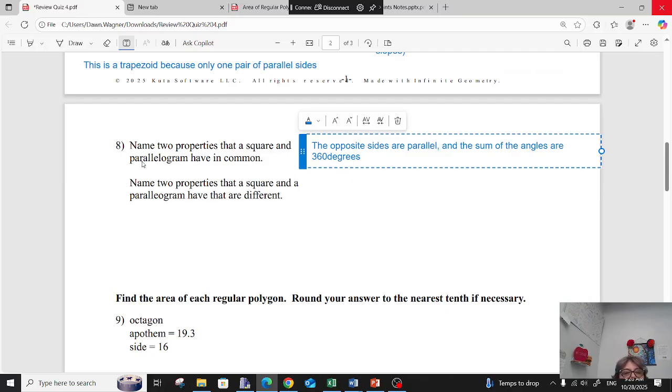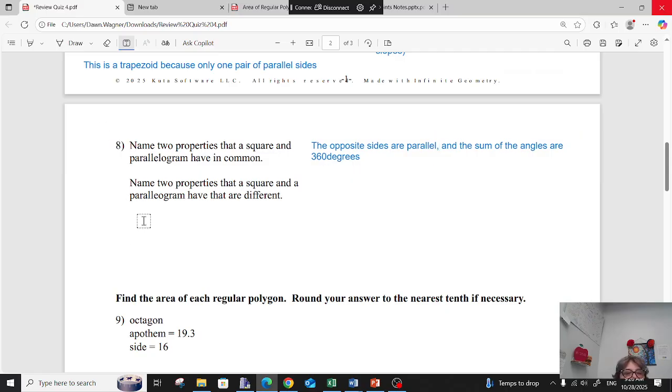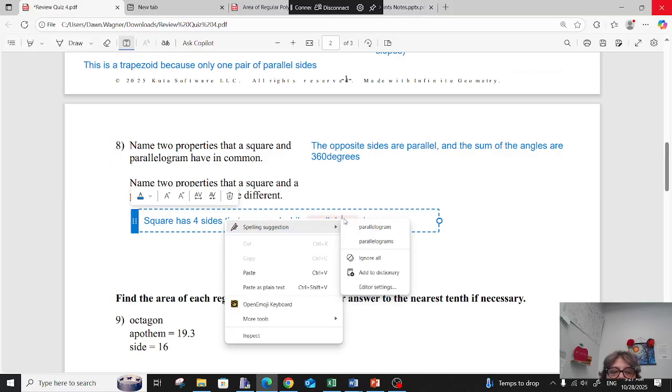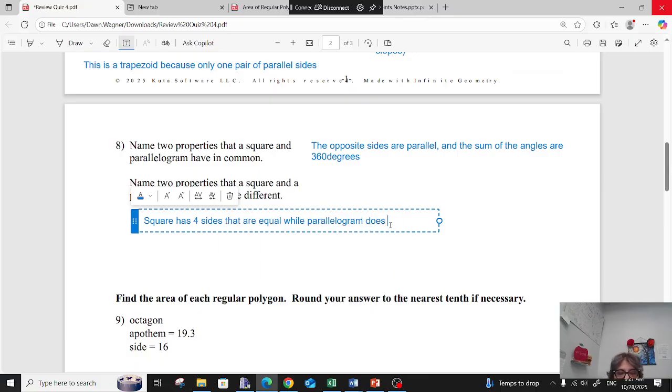Okay. Now, what about this next one? Are they different? Square has four sides that are equal or congruent, while a parallelogram does not.